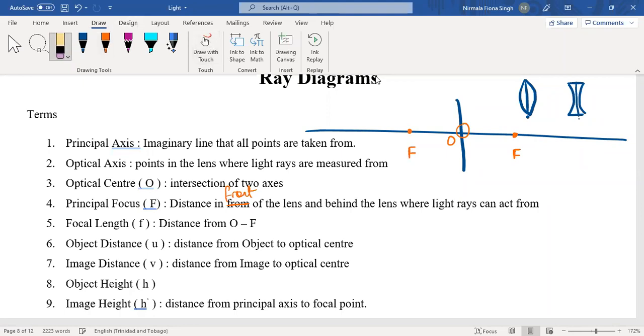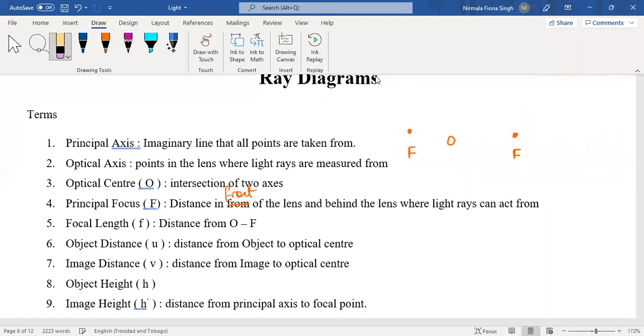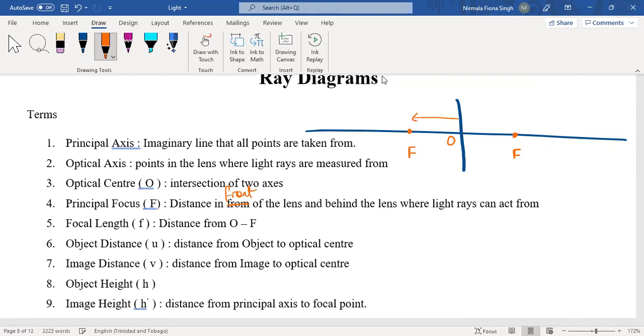Every single lens has a different principal focus or foci, right? Because it is unique to each individual lens. Focal length. Focal length is the distance between your principal focus and your optical center, or your principal focus and your lens. So this is your focal length.